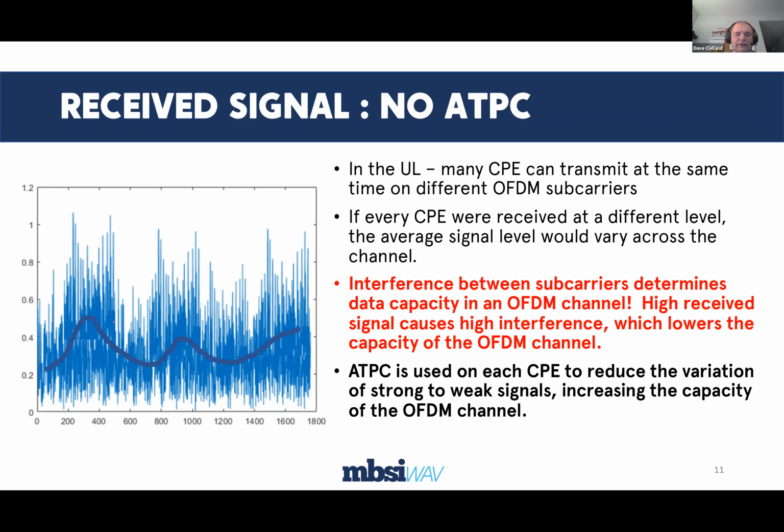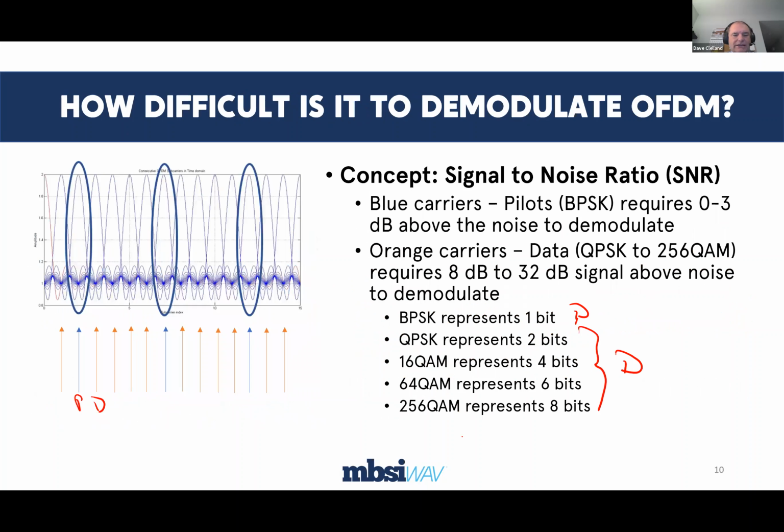One of the tenets of OFDM is that a group of carriers might come from one subscriber module, and another group of carriers might come from another subscriber module. So in theory, let's say that is SM1, and this is from SM2, and so on and so forth on our channel.